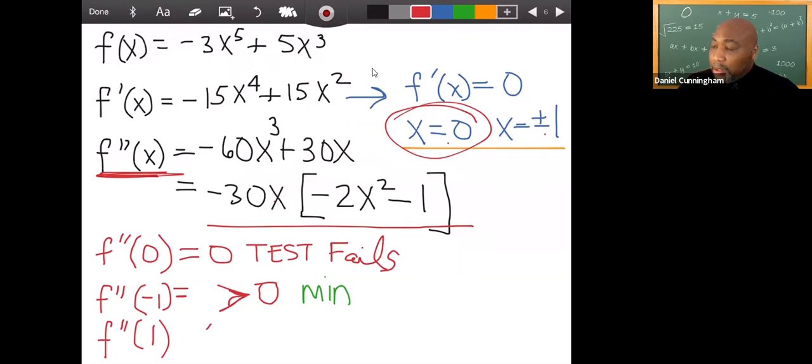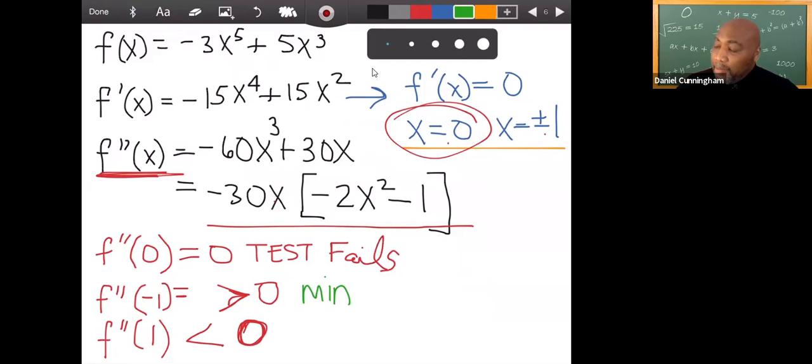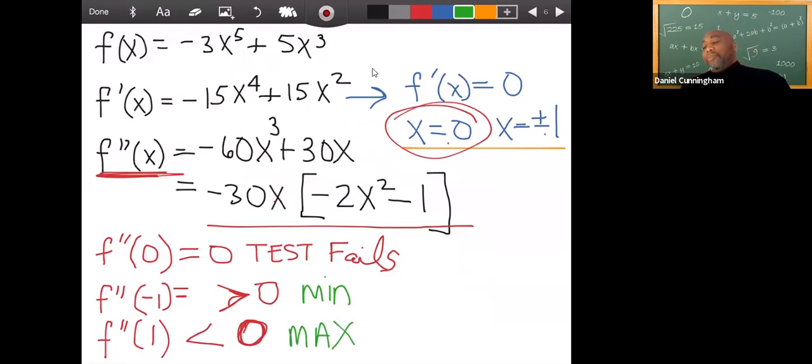And then for 1, it will give me a negative number less than 0, and then that is a max. So all you have to do is find the y value. So we know that -1 and then 1, and you have to find the y value by plugging it into the original equation. This -1 gives me a minimum, and the +1 gives me a max.